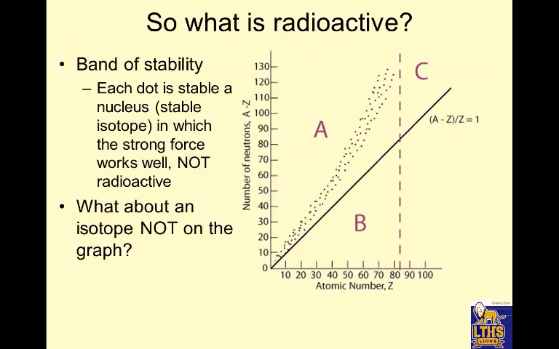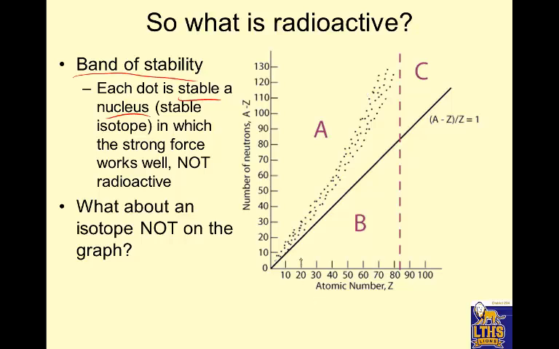So what does radioactive mean? Well, radioactive means unstable. So let's look at what is stable. This is called the band of stability. This whole thing is a graph of the band of stability, but the actual band are these dots. Each dot is a stable nucleus, or a stable isotope, same thing, for which the strong force works well. So each dot, those are not radioactive isotopes.